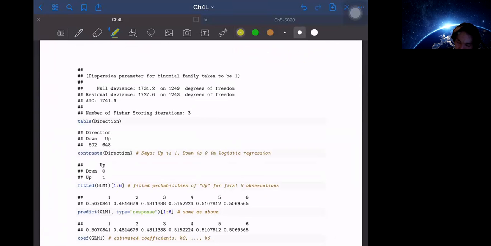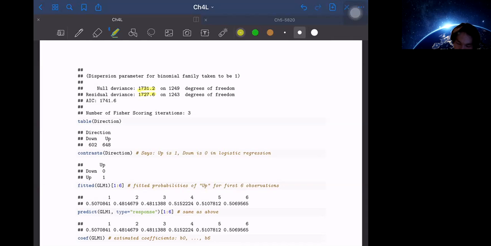Yeah, and the null deviance. These statistics, I think we haven't covered in detail, but basically we can test whether or not the model is sufficient.